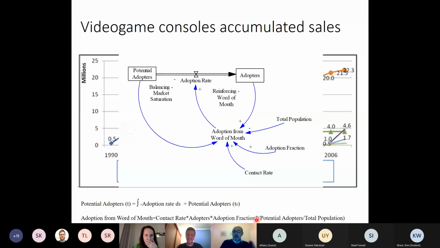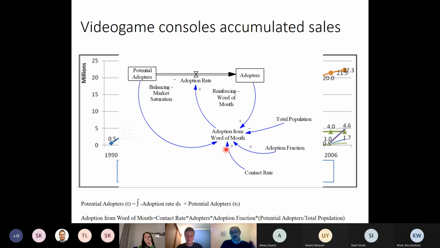Multiplied by something very interesting here: the chance of finding these people within the total population. So you have this proportion of these people who may be encountered. This part of the equation has a very interesting functionality. One is this probability of finding these people.